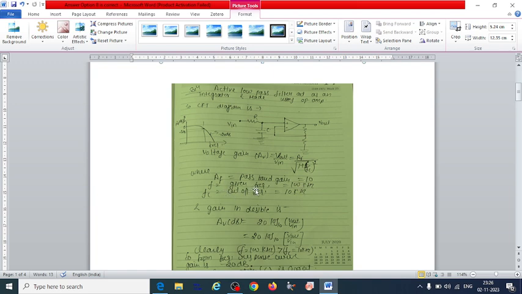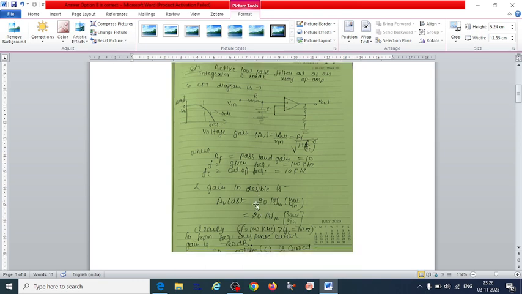F is the given frequency and the cutoff frequency is 10 kilohertz, and the gain in decibels we can have by the formula 20 log 10 V output by V input.